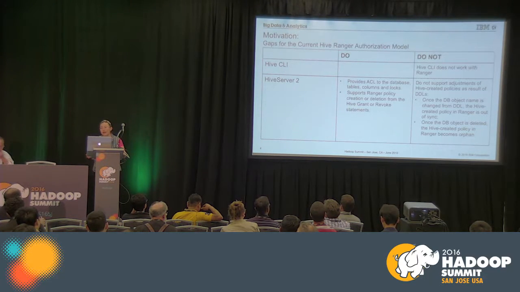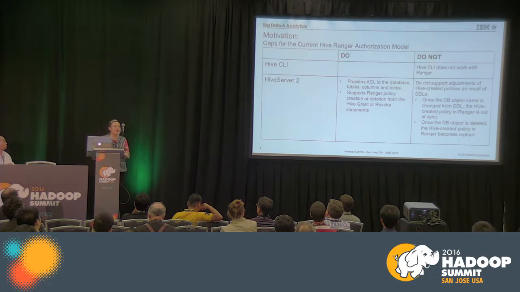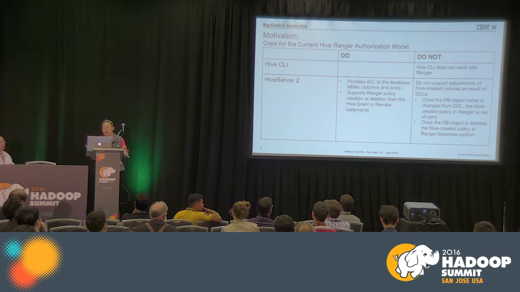What do I mean by that? Once the database object name is changed from DDL, the Hive-created policy in Ranger is out of date, out of sync. Also, once the database object is deleted, the Hive-related policy is still in the Ranger policy manager, where it becomes an orphan.